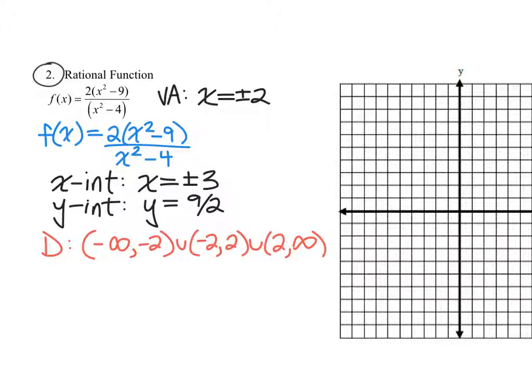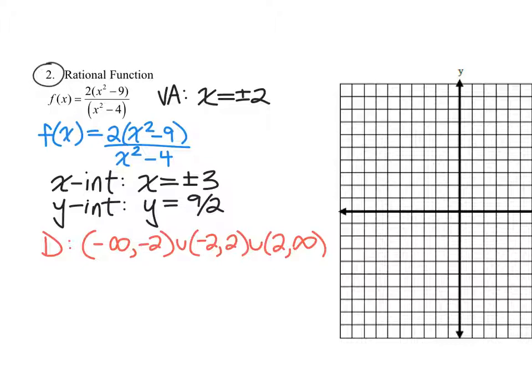So by indicating that there are vertical asymptotes and restricting our domain, I don't have to state that it's continuous and differentiable or not continuous and differentiable because it's implied. If I'm restricting my domain, I'm essentially stating that it's not continuous everywhere, therefore it would not be differentiable everywhere. It never hurts to put it in if you don't want to take the chance, but it's implied, so it's fine.